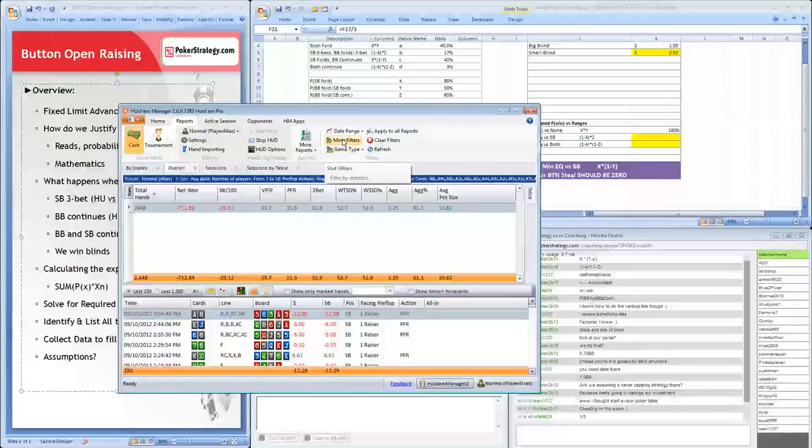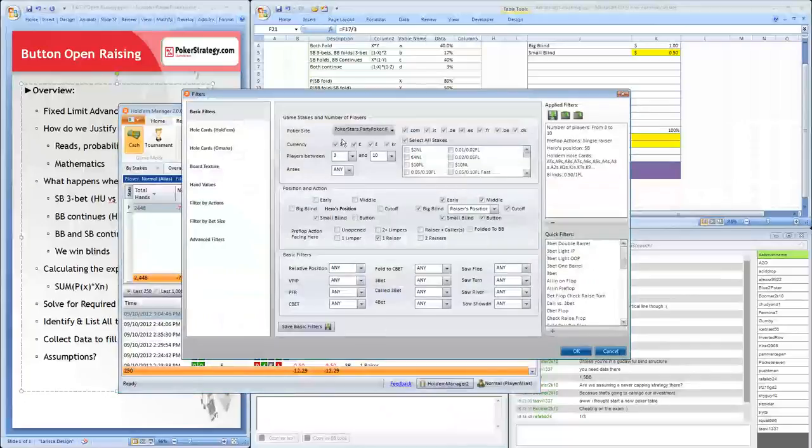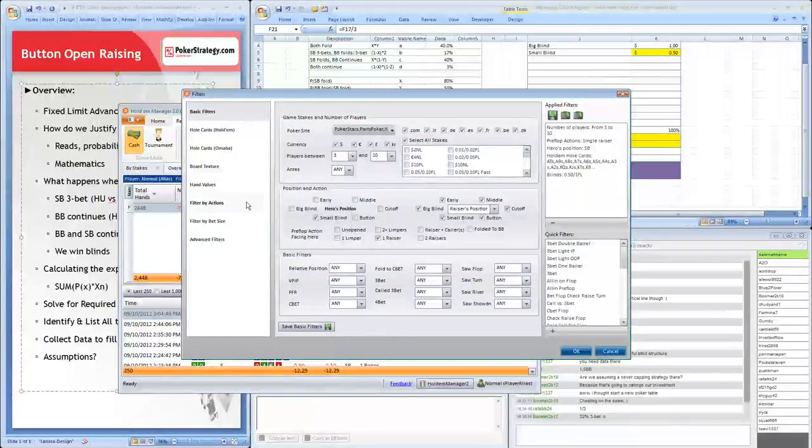And now what we want to do here is go into filters. If you're confused about the number of hands or the data, that'll make a lot more sense in a minute. So we want to look at situations where we're facing an open raise and our raiser is coming from the button. So in Hold'em Manager 2, you can go into filters and select the raiser's position, the button. And then we want to select the hero's position.